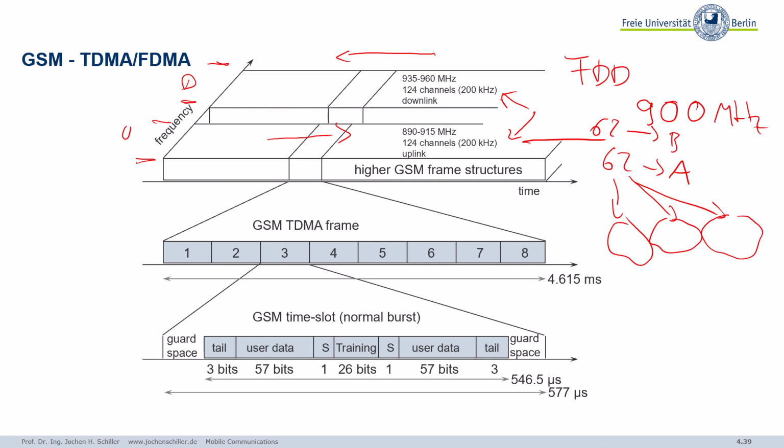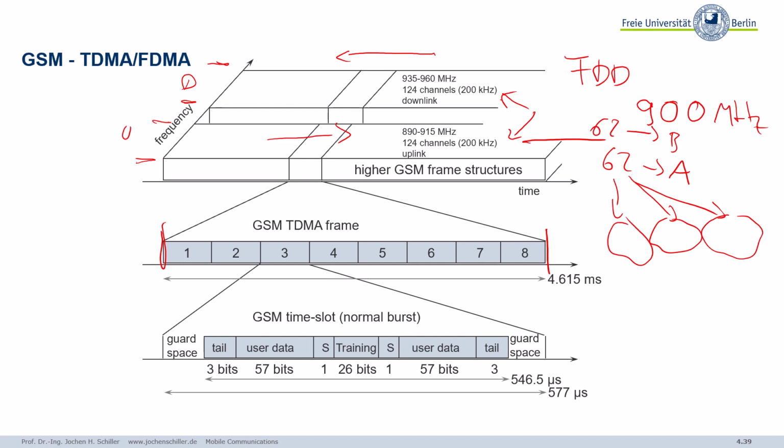The system has so-called TDMA frames consisting of 8 time slots. Frame duration is 4.615 milliseconds. Strange number, but that's the way it is. In each frame, you will see 8 time slots.